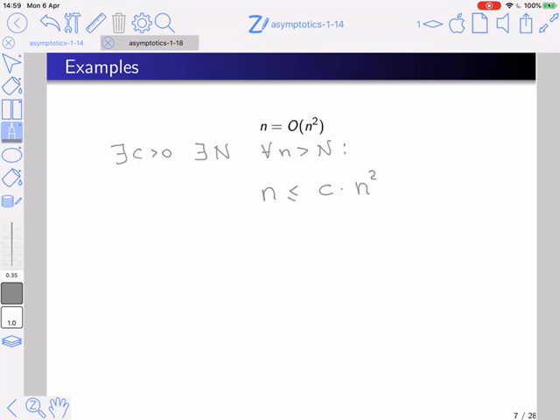Well, this is trivial. Just pick c to be equal to 1 and N to be equal to 5. And you can check that indeed this holds. I have no interest in optimizing the constants here. I could make this 100 and I could make this 556 as well. This would be no problem.